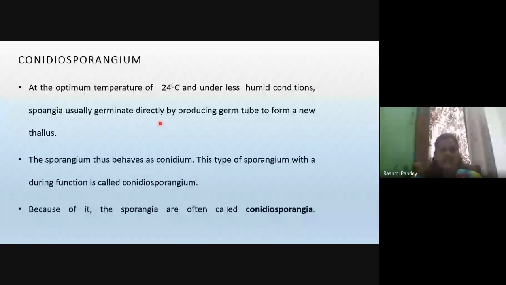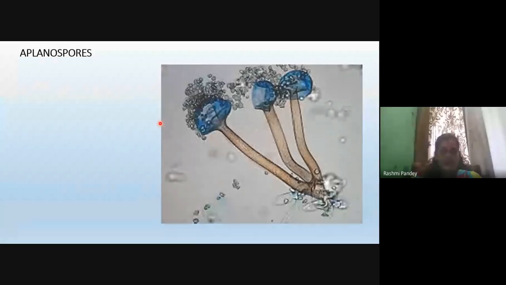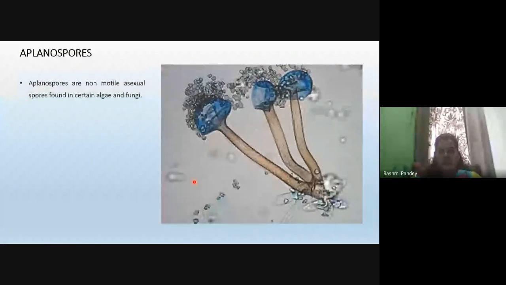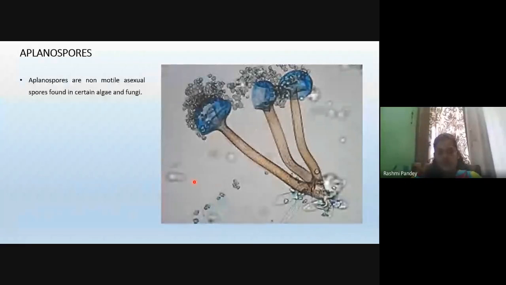So next is aplanospores. Now this is the picture which depicts a sporangia which is giving rise to non-motile cells. They do not have any kind of flagella, they are just liberated or they are just adhered to the sporangiophore. So aplanospores, these all are non-motile, asexually reproducing spores which could be found in algae or fungi.